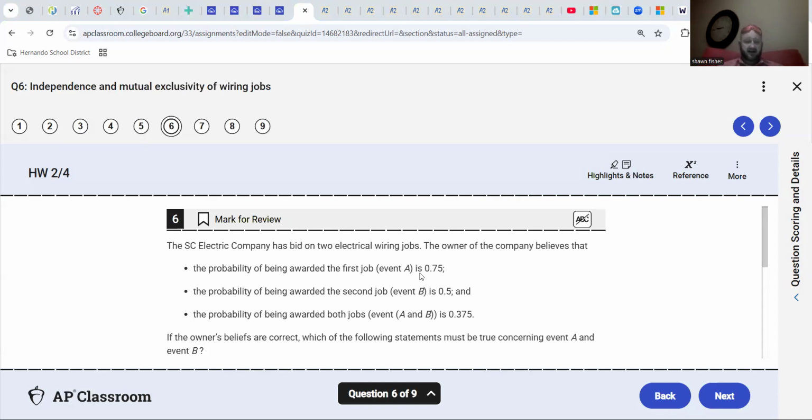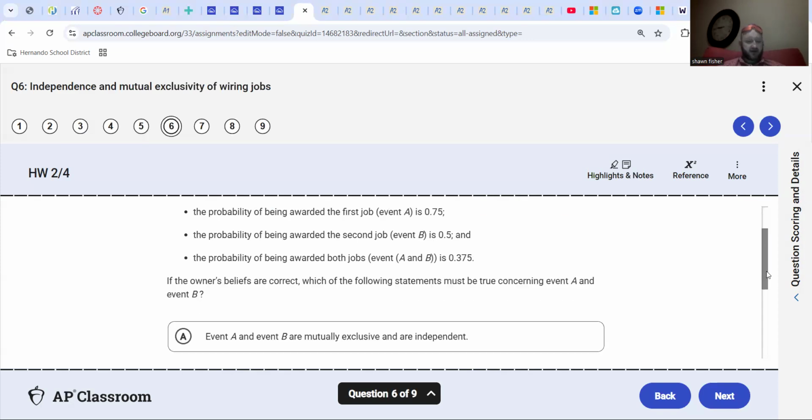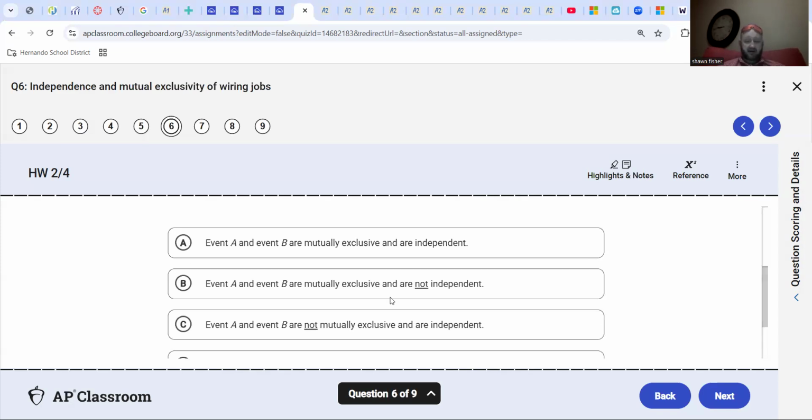There's another test that you could actually do to make sure, right? First of all, I'm going to cross out these choices that are not independent. Not independent means that one event changes the outcome or probability of another event. That's what not independent means.